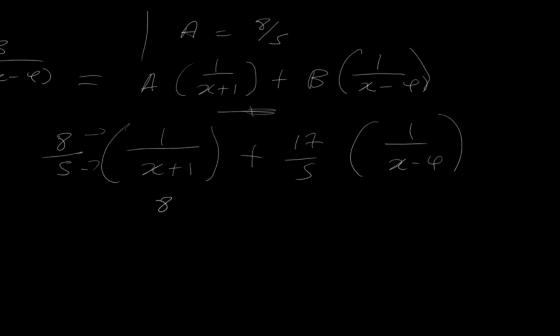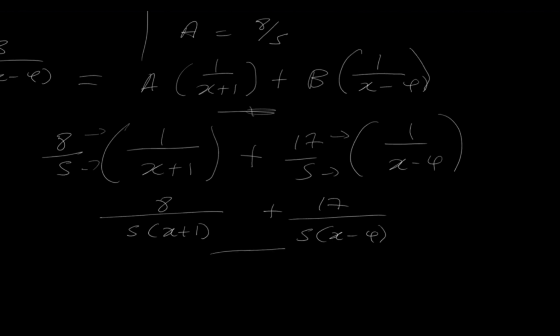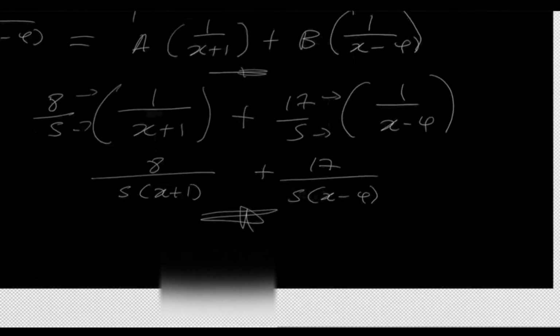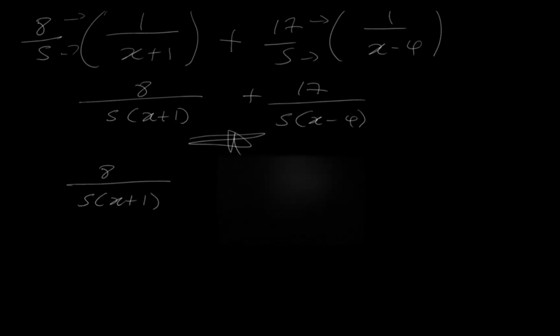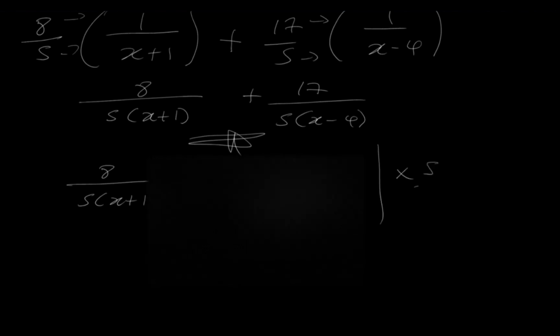The multiplication is direct, so just do it direct. 8 times 1 is 8 over 5(x plus 1), plus 17 times 1, that's 17 over 5(x minus 4). Your answer can end here, or you can eliminate the 5 at the bottom. So you can say 8 over 5(x plus 1) plus 17 over 5(x minus 4), and just multiply everything by what? 5 over 1.